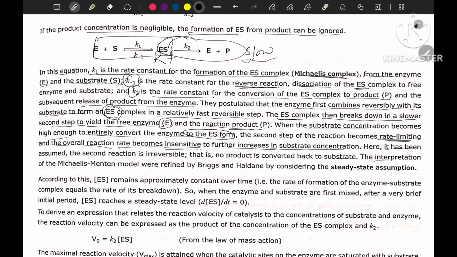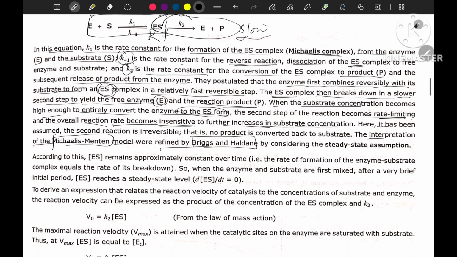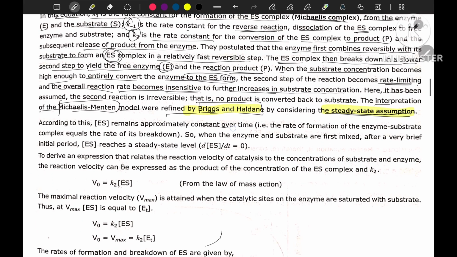The interpretation of the Michaelis-Menten model was redefined by Briggs and Haldane, by considering the steady state assumption. According to this, ES remains approximately constant over time.